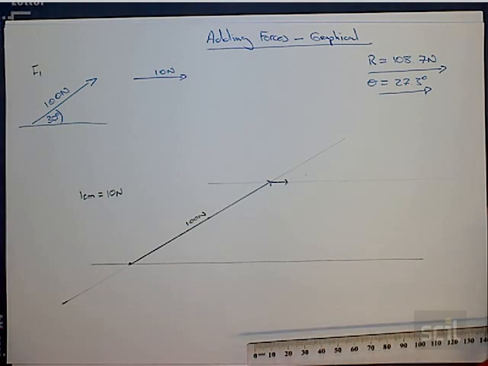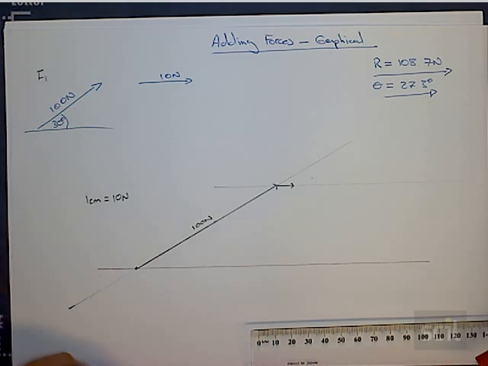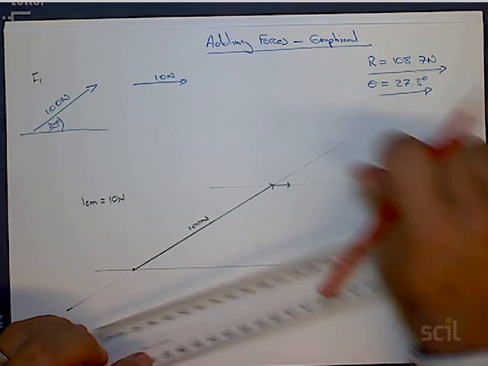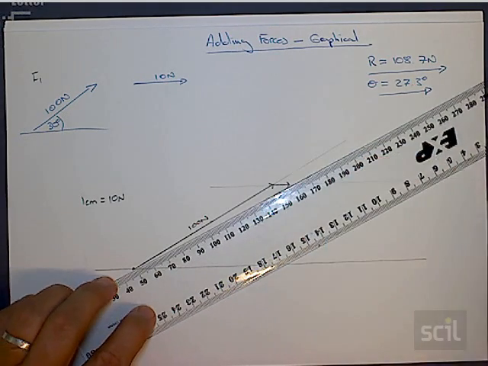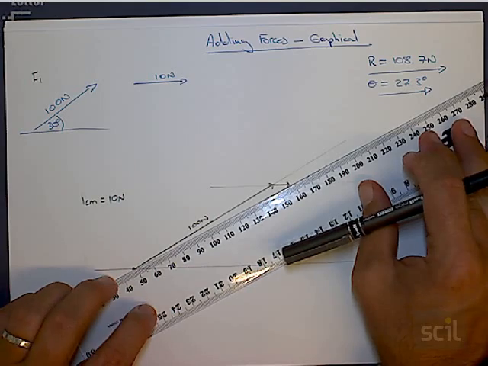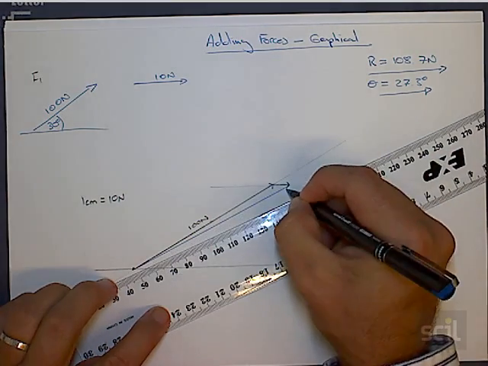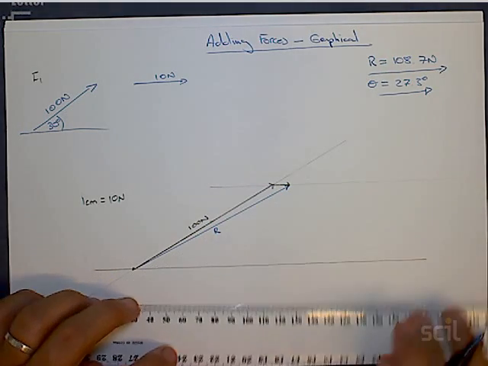And you can see now much better than I did over here, I've drawn these two forces head to tail in the correct scale. And finally, I'm going to use a different pen so that we can see this clearly: from the start of the first vector to the end of the last vector, that over there is our resultant.